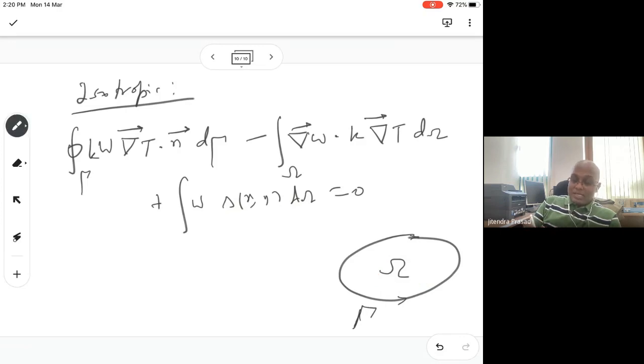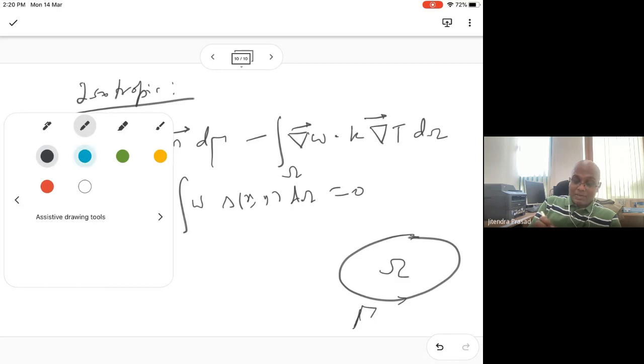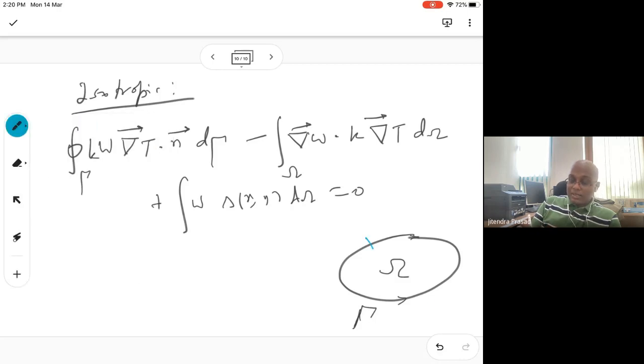There may be two kinds of boundary condition, right? As you know, there may be some temperature given. So let us say T is given here, which you call the essential boundary condition, and let us call that part gamma T, where temperature is given.